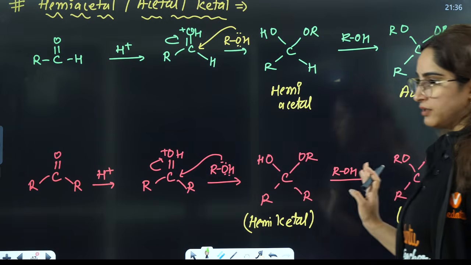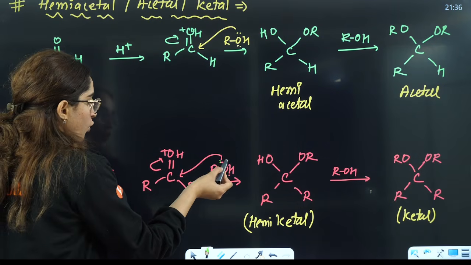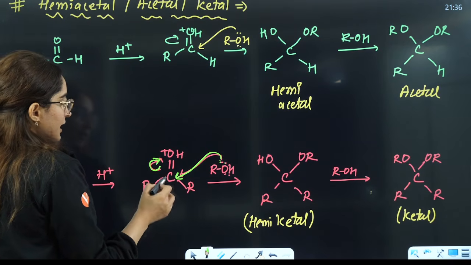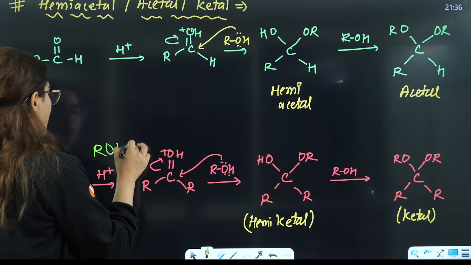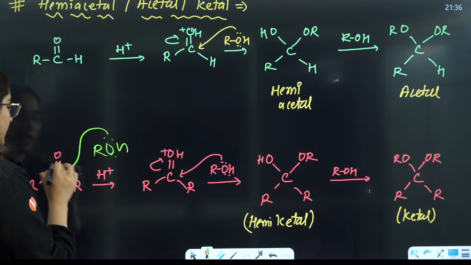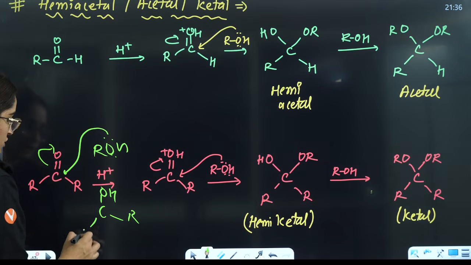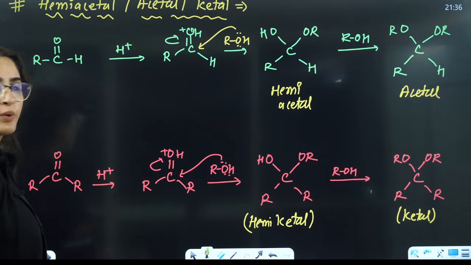You add one more group of alcohol here, then this part is also converted to OR, that is ketal. Okay, so basically what is happening, same thing. The lone pairs are attacking here, then the electrons are shifting here, right? So you can just directly write it here as well: ROH, lone pairs will attack here, electrons will shift here, carbon OH, this will be R, this will be R, and here OR will be attached. Okay, so directly also you can do that.